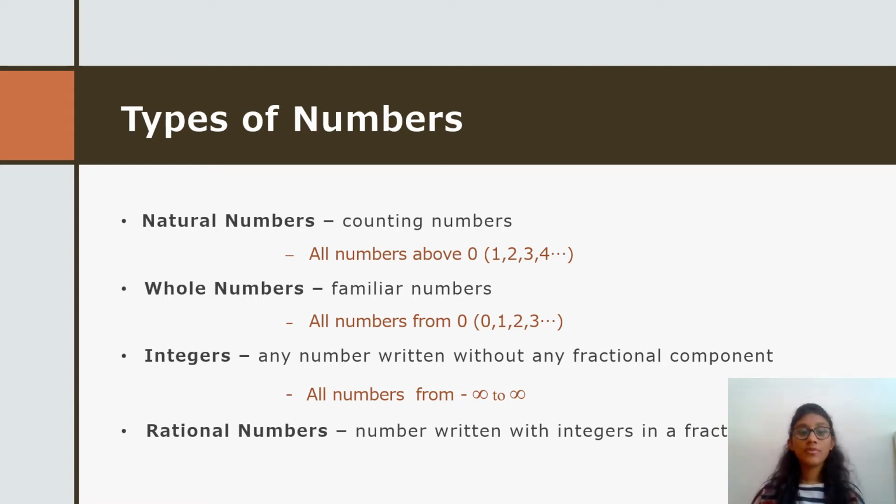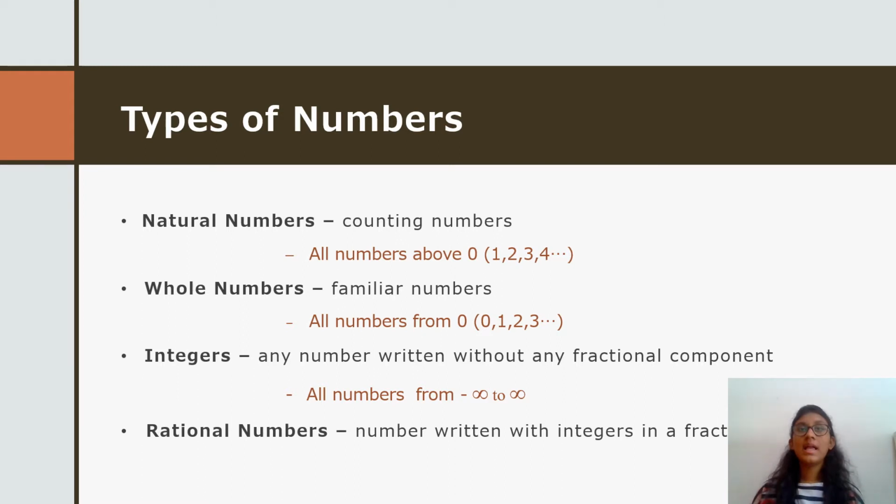The third type of number is integer. Integer is any number which is written without any fractional component. So it can range from negative infinity to positive infinity. Examples are -2, -1, 0, 1, 2, etc. Except that these numbers cannot be written in any fractional form or in a decimal form.